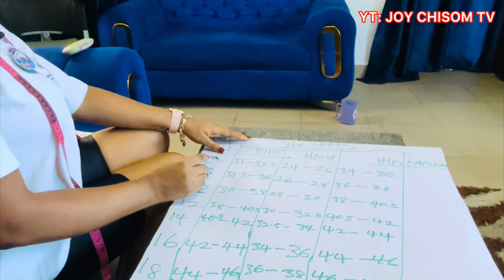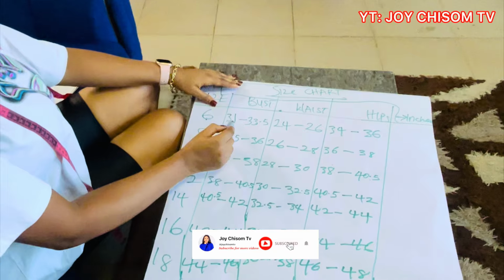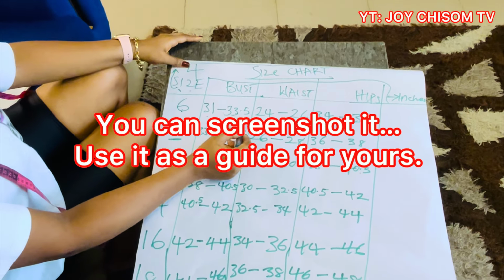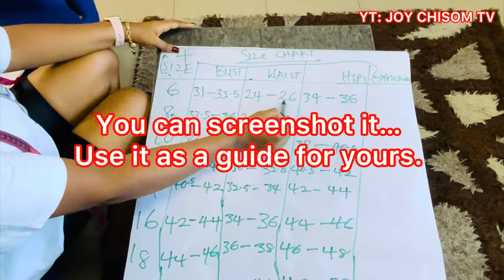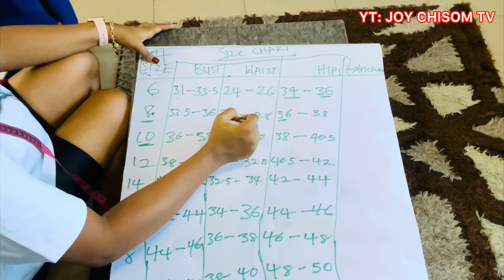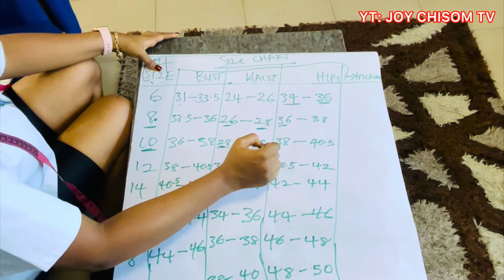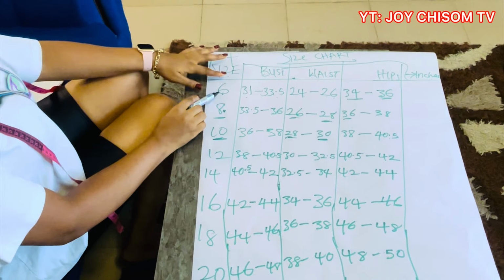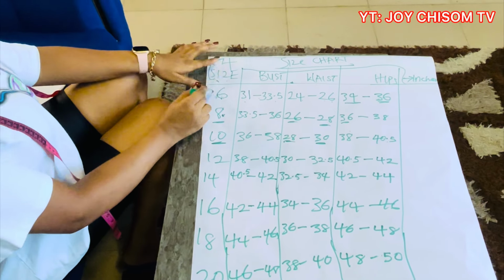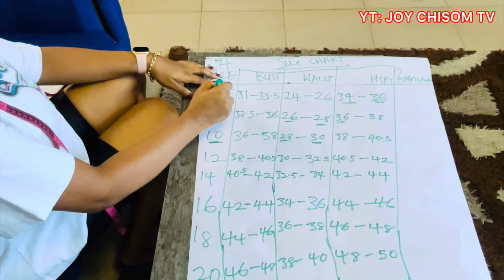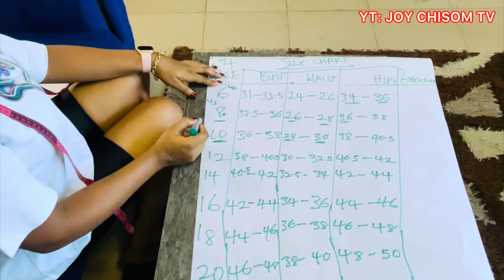Look at this carefully. Size 6, bust of 31 to 33, waist of 24 to 26. The differences we have here is only 2 inches, 2 inches, 2 inches. Then here, the size is the same thing, but when you want to identify UK and US, the difference is 4.